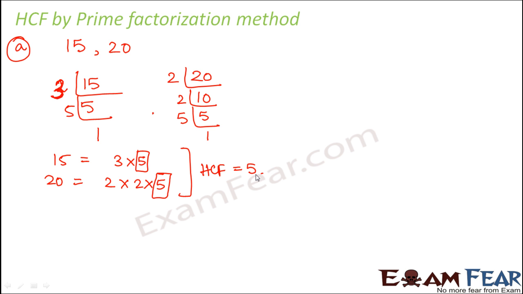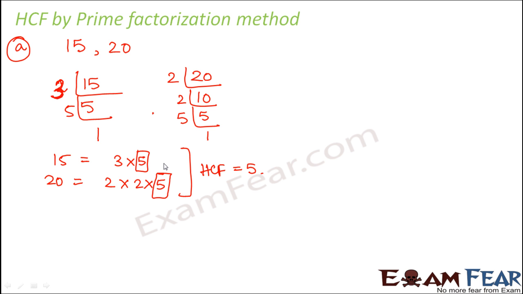Now if you compare this method with the previous method that we discussed in the previous slide, what did we see? In the previous slide also we saw that these two numbers 15 and 20 had many other factors also. But out of them, they had two common factors, 1 and 5. So here also it is the same. It is just that we are not writing 1, because 1 is the multiplicative identity.